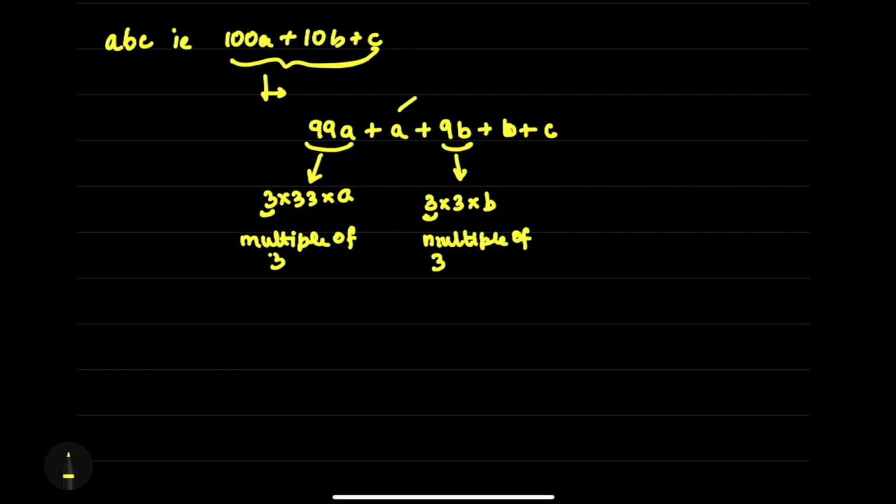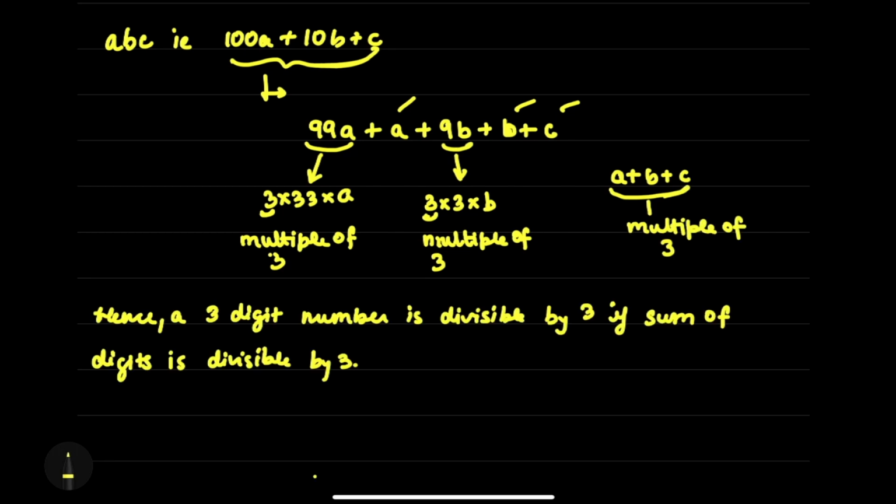And we are left with A, B, and C. So for the whole number to be divisible by 3, the sum of these three digits should be a multiple of 3. So hence, for a three-digit number, we can say it is divisible by 3 if the sum of these three digits is divisible by 3.